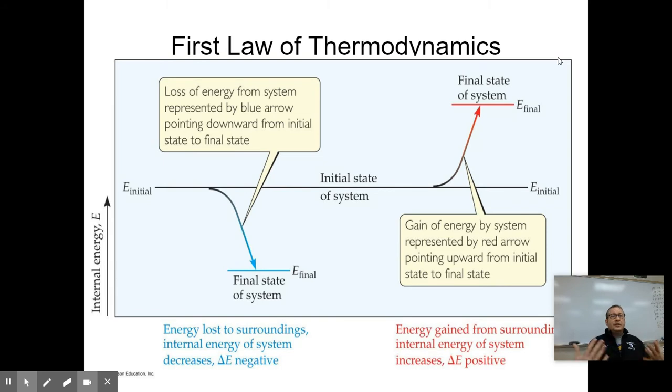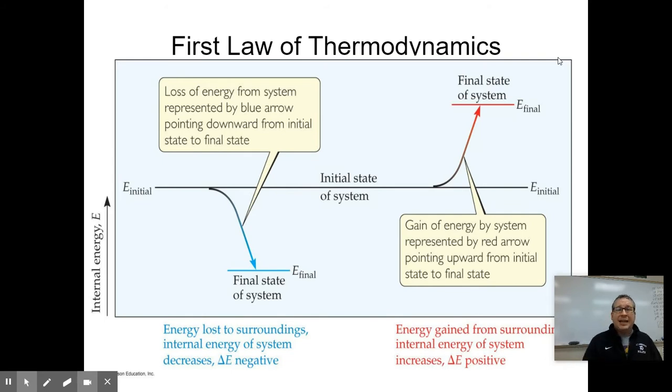So let's look at the first law of thermodynamics, okay? Really, we get a visual representation of this, okay? Loss of energy from a system points downward. And so when we have a loss of energy of a system, we see that our final energy is going to be lower than what it initially was.